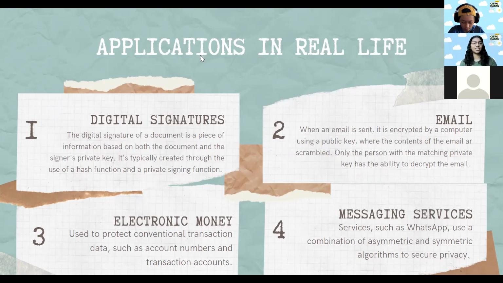WhatsApp actually made publicly available that they have a combination of symmetric and asymmetric encryption, which ensures that your messages are safe only between you and the person or people you are messaging.